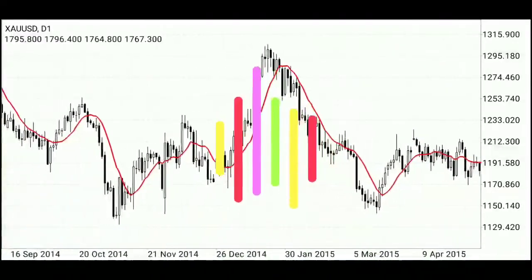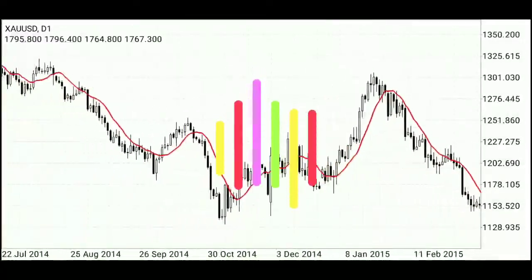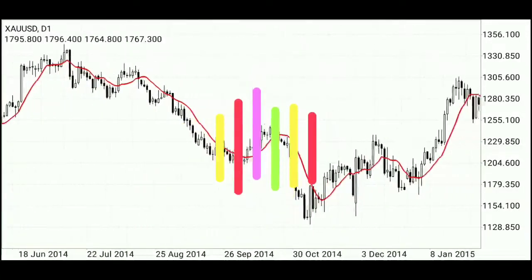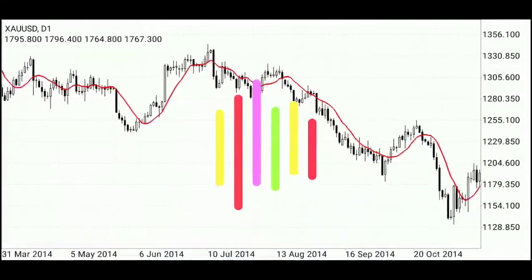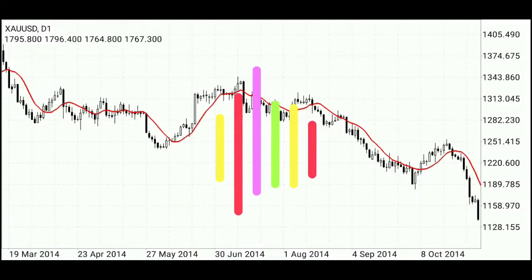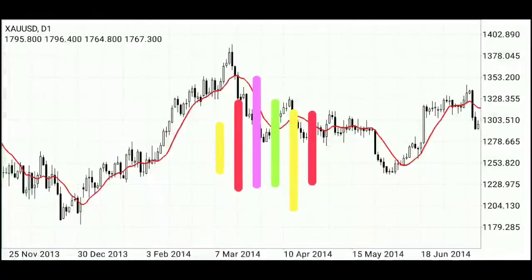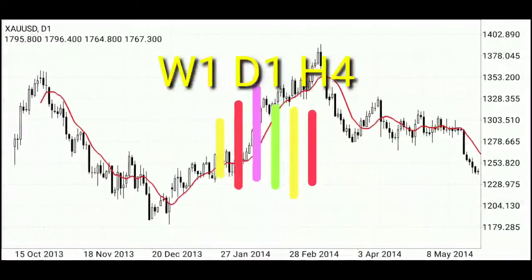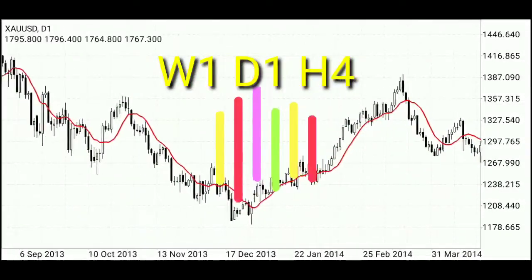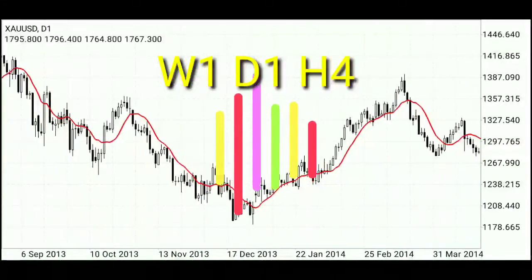The secret to market direction is in the higher time frame. You cannot ignore the information of the candles or the pattern in the higher time frame like a D1 or H4 and expect to be successful in the long term.